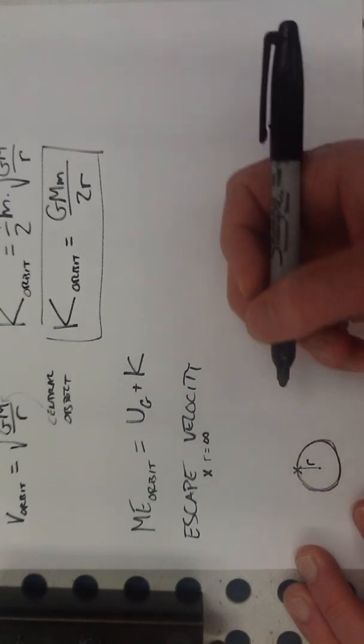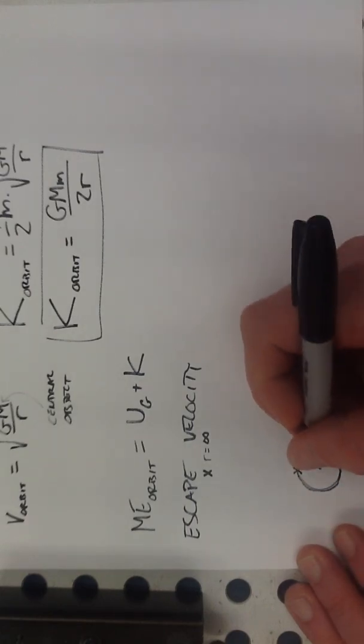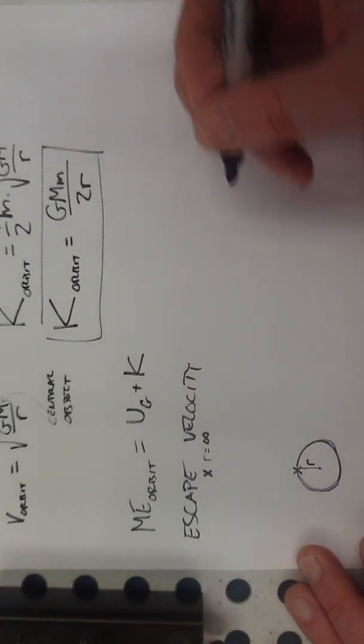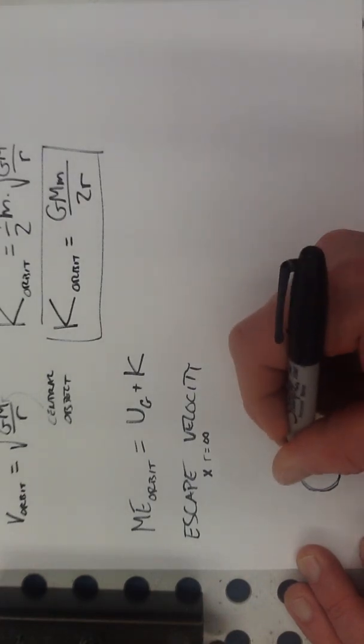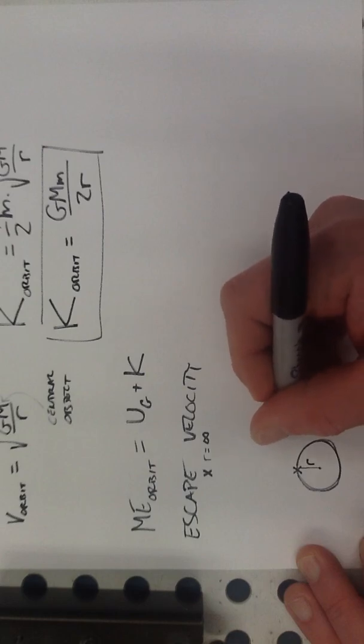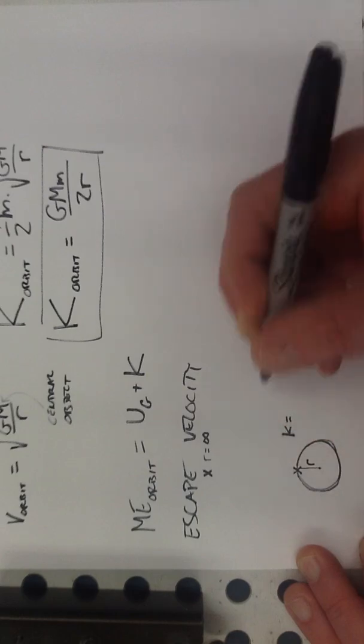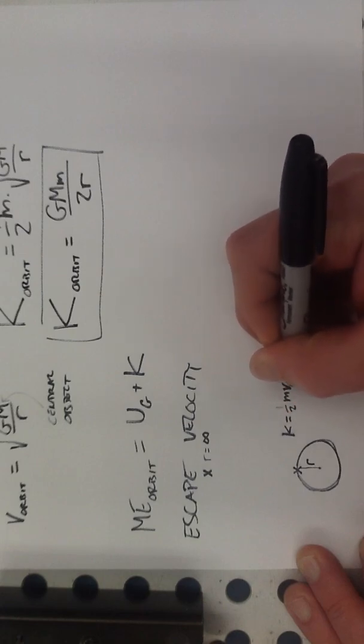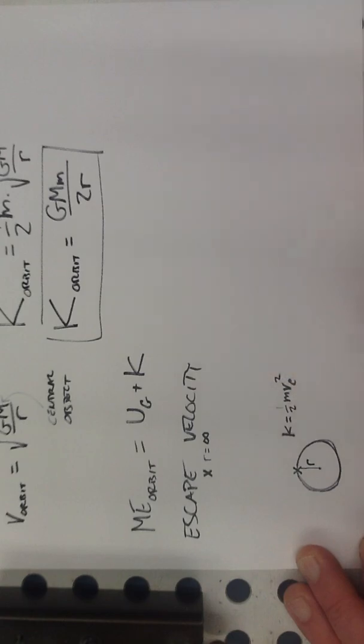Well, there are no non-conservative forces here, which means mechanical energy is conserved. So here, what do I have for kinetic energy? I would have 1/2 mass times whatever this escape velocity is squared, and that's what I'm trying to find, right?